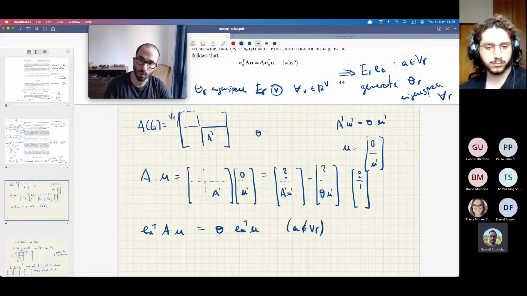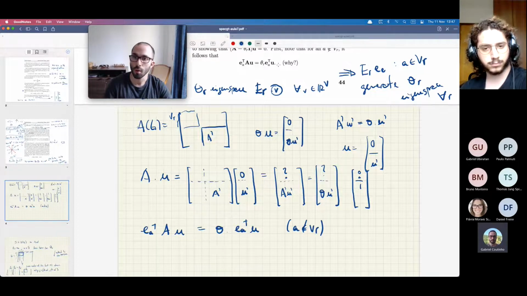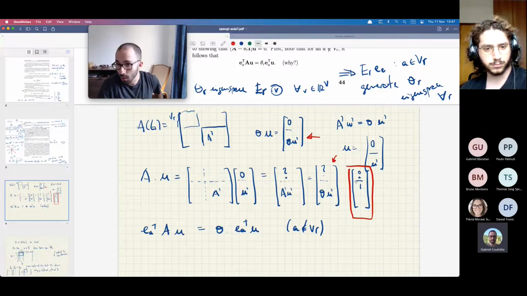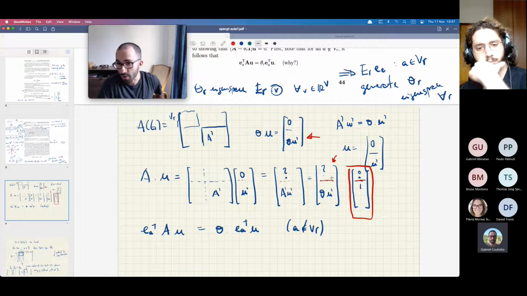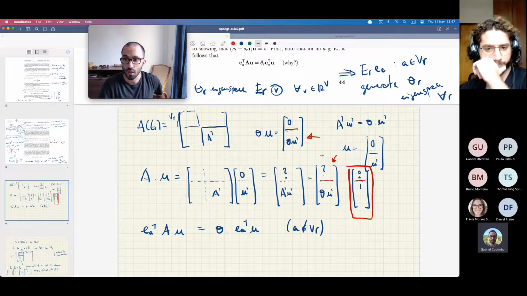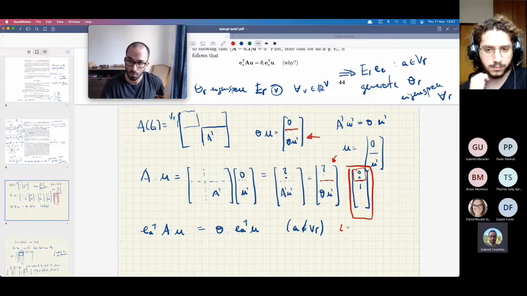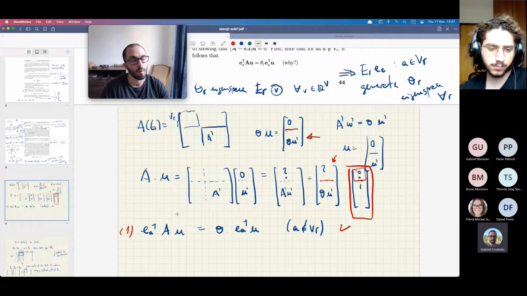So theta U is equal to zeros and theta U prime. Multiplying this red vector by this one or by this one gives me the same answer, right? Because the 1 is where the two vectors are equal. These two vectors are different where here I have zeros. So this is true. Okay? Any questions so far?